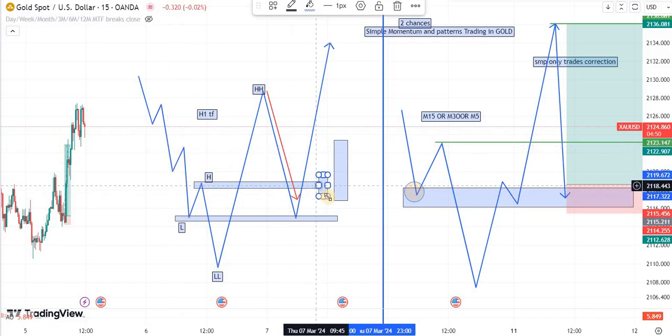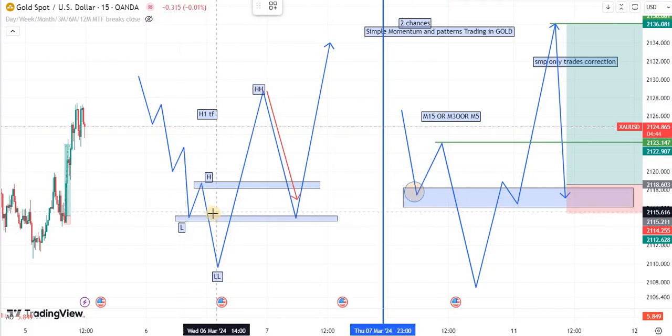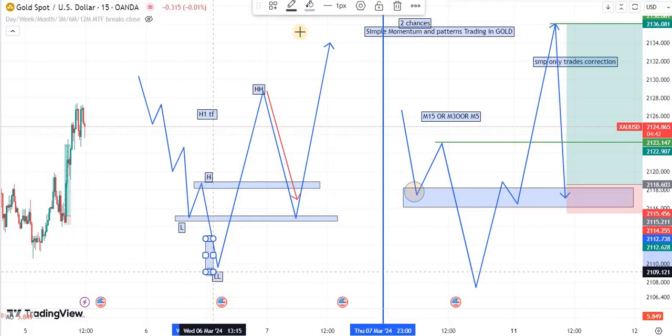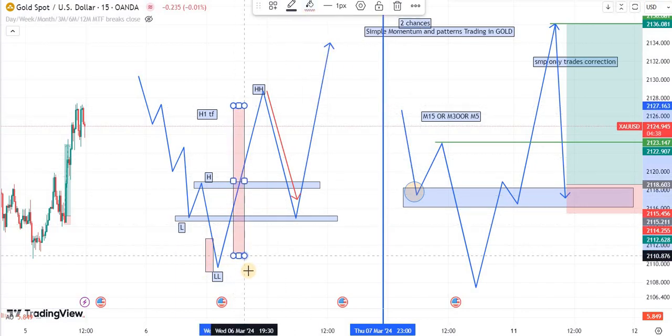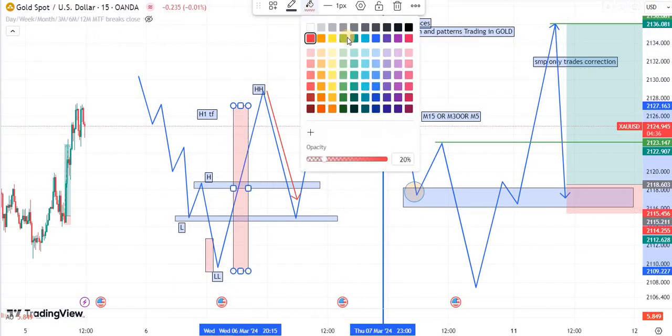That means this is a, okay, so I will be telling you this. This is a smaller bearish candle of red color, and this is a bullish candle of green color.